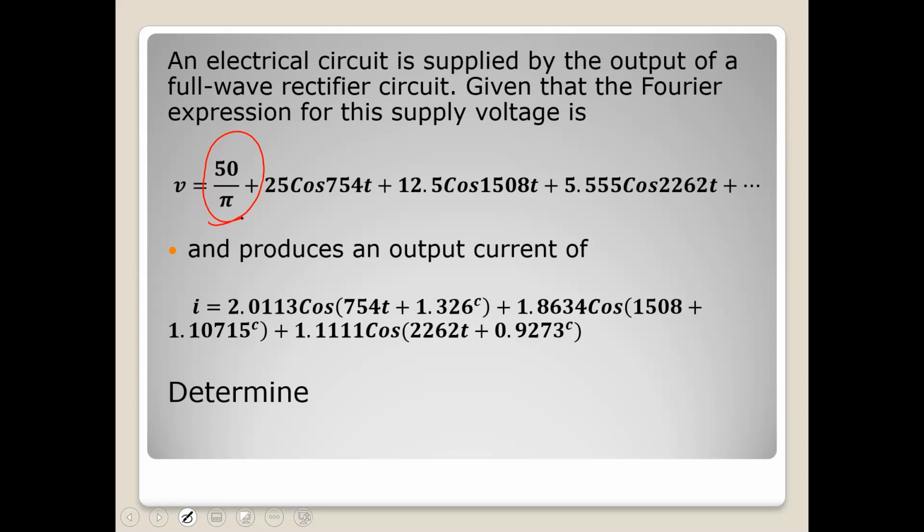We're starting out with our analysis. We don't know what the circuit looks like, but I put in a signal and it has a DC component. When I look at the corresponding current, I am not seeing a DC component. What is that telling me about the impedance that I'm dealing with?